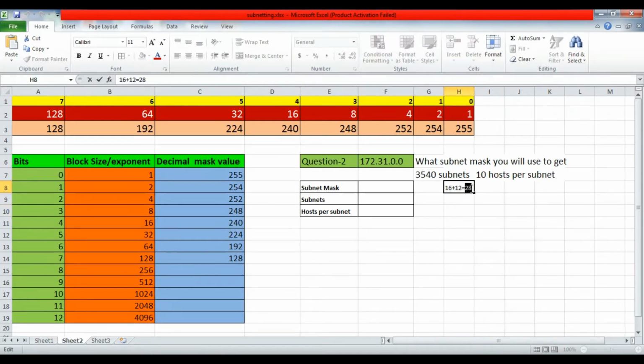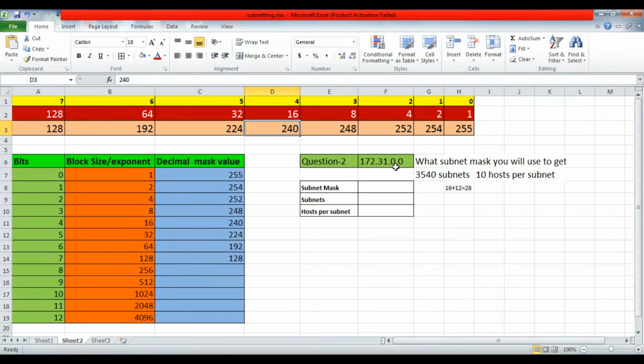So we have 4 bits reserved for the network. So we will see where the 4th bit comes. We will calculate from the left side. 1 2 3 4.